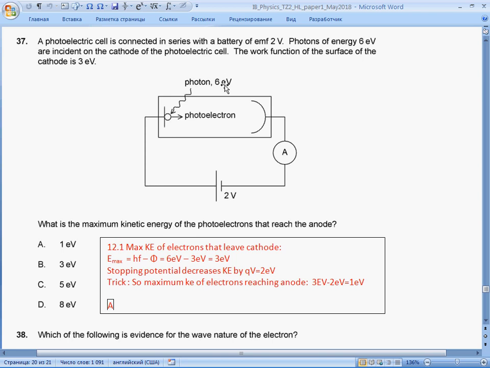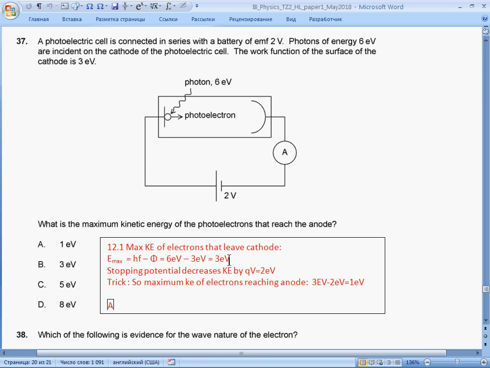Here, the photon is 6 electron volt, and 2 volt is the stopping potential, so electrons are escaping. What is the maximum kinetic energy of photoelectrons that reach the anode? First we find the maximum kinetic energy of photoelectrons leaving the cathode using the formula from section 12.1.